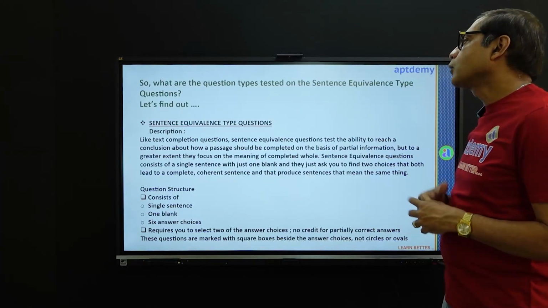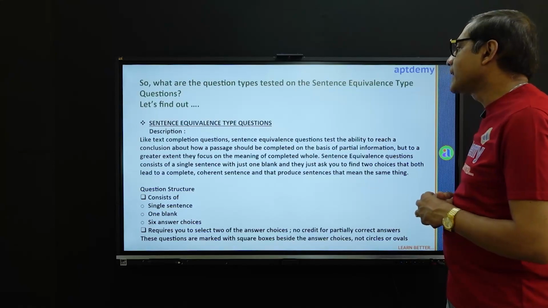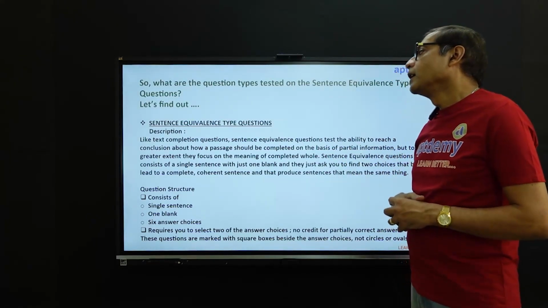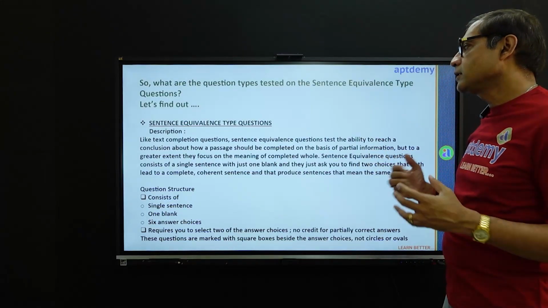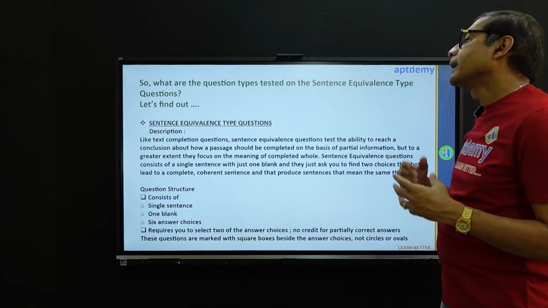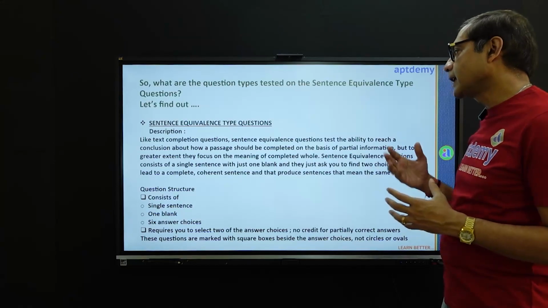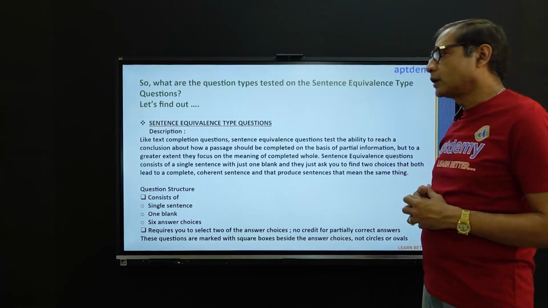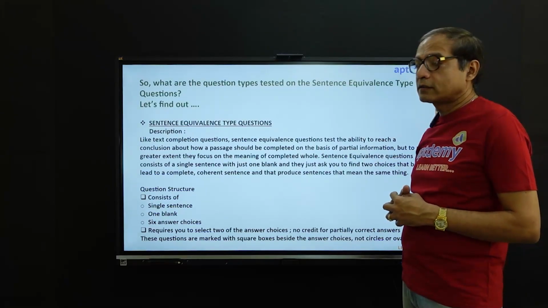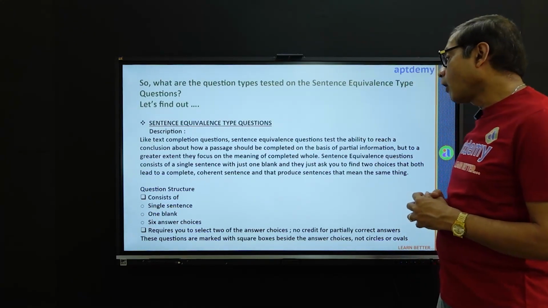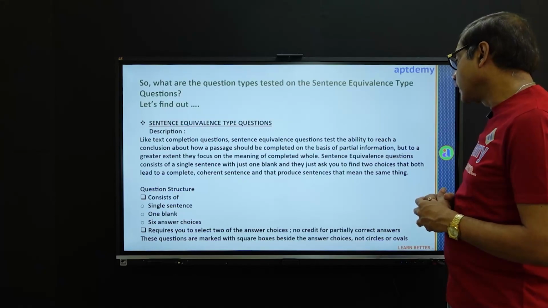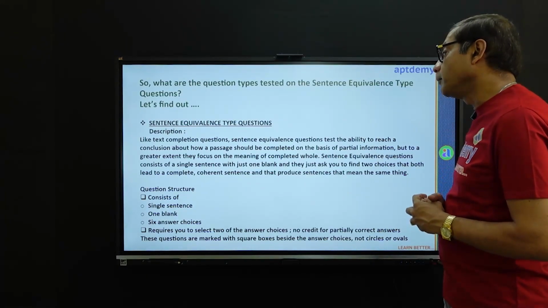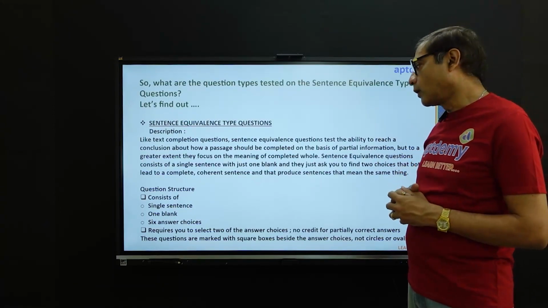So what are the question types tested on the sentence equivalence type questions? Let's find out. So sentence equivalence type questions, what do they consist of? Like text completion questions, sentence equivalence questions test the ability to reach a conclusion about how a passage should be completed on the basis of partial information, but to a greater extent they focus on the meaning of the completed whole.